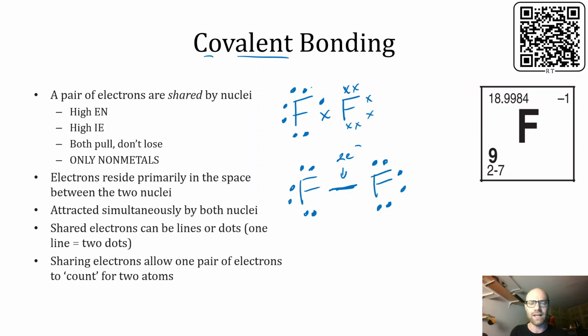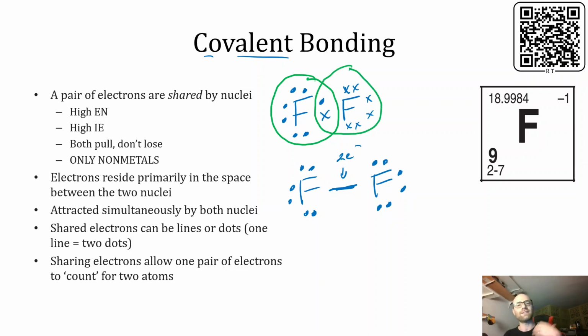covalent bonding is that when this takes place, this fluorine acts in such a way that those 8 electrons that are in this circle belong to the fluorine on the left, and then the fluorine on the right acts as if those 8 electrons belong to the fluorine on the right.